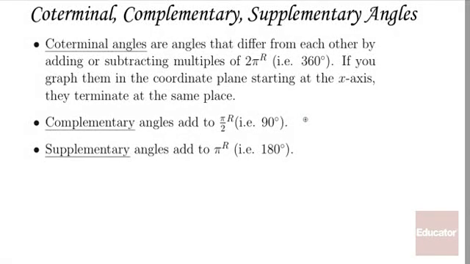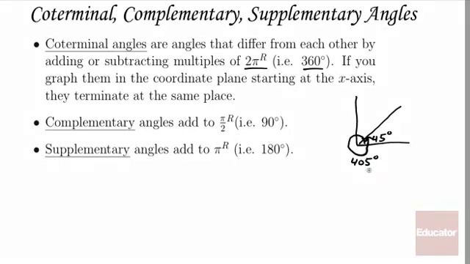We've got a few more definitions here. Coterminal angles are angles that differ from each other by a multiple of 2 pi radians. Remember, that's a whole circle, or in degrees, 360 degrees. So for example, if you take a 45-degree angle and add on 360 degrees, 360 plus 45 is 405 degrees.